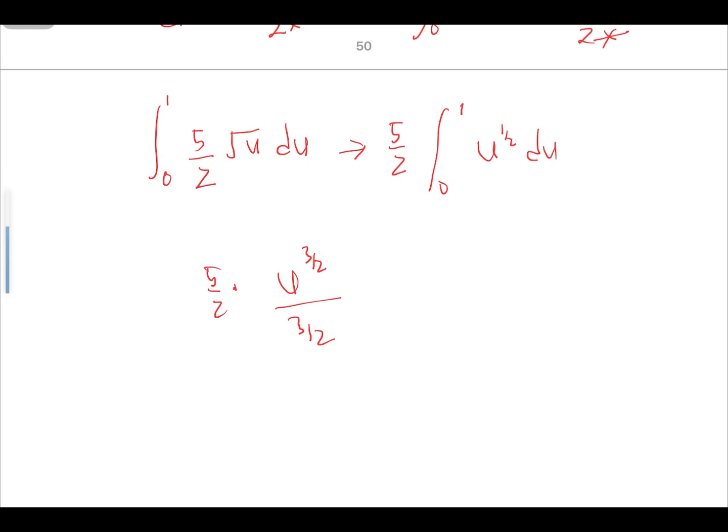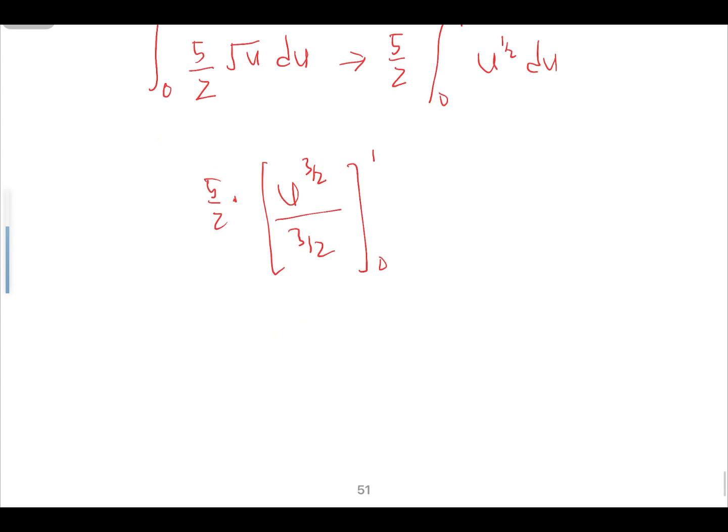At the end of the day, remember that we have a limit. Since we have a limit, we don't have to include the integration constant. So we have a limit from 0 to 1, and after simplification, we are going to get 2 over 3 u power 3 over 2, from 0 to 1.